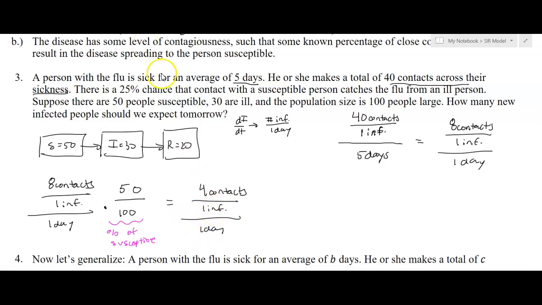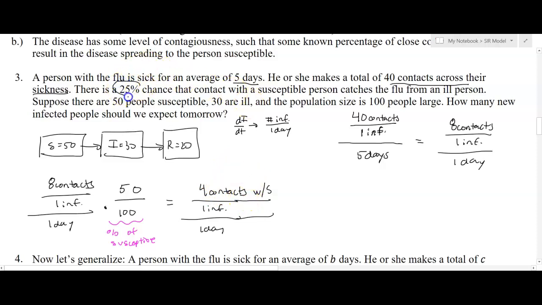And this particular contact, this is 4 contacts with a susceptible. So I'm going to modify the units a little bit. So with a susceptible person. So every infected person is going to contact 4 susceptible people. Now, just because an infected person has what we consider close contact with a susceptible person, that doesn't mean they're going to catch the sickness.